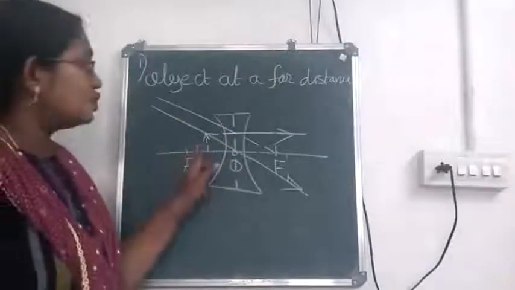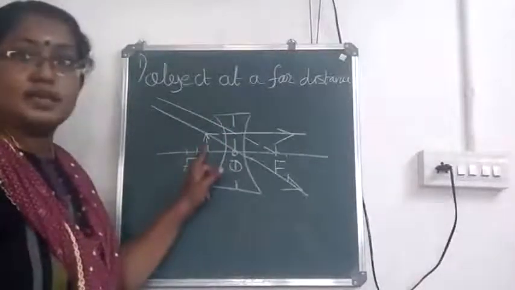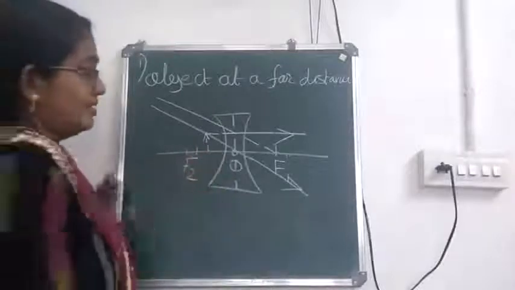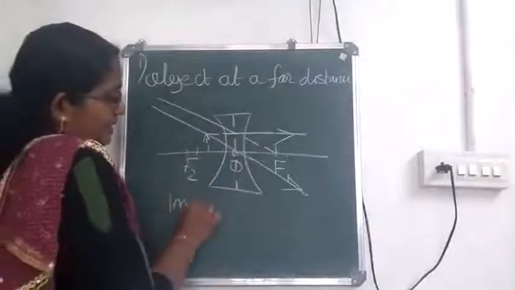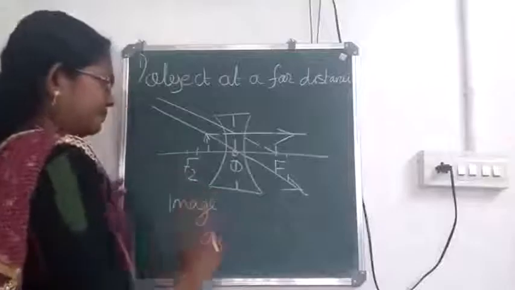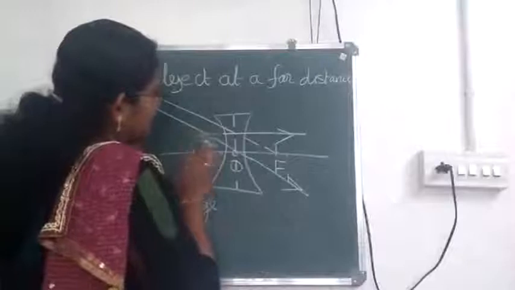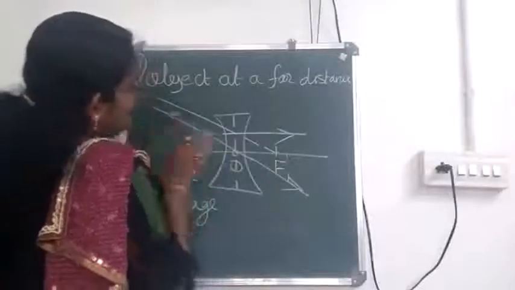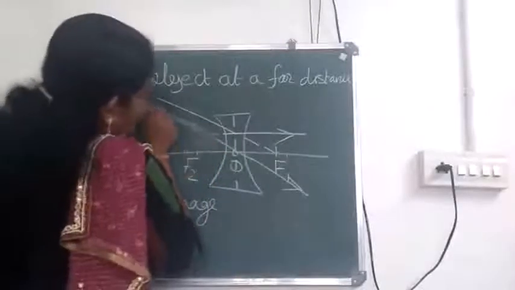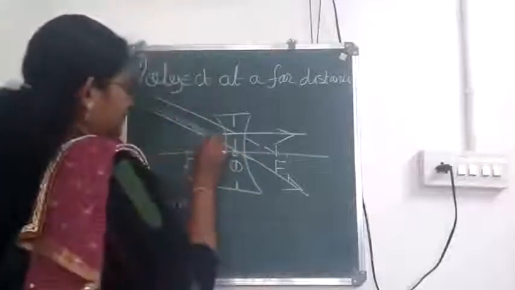Since it is a virtual image, I am representing it using dotted lines. So, what all things we can say? Image. Here, actually the image should form at the focus, okay. Mine, it didn't reach the focus. So, let me make it reach the focus. Else, it will be wrong.